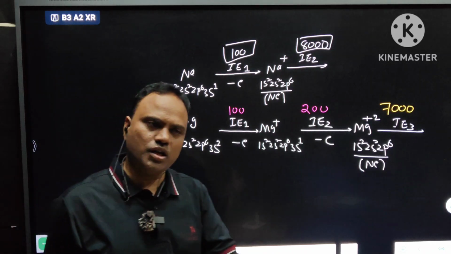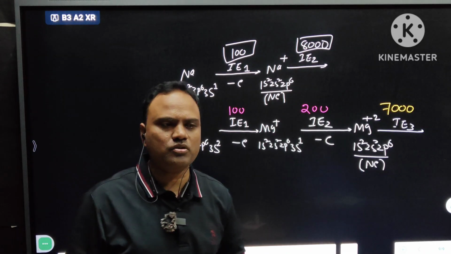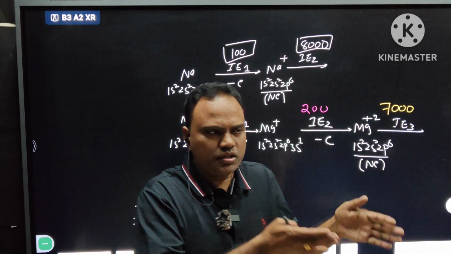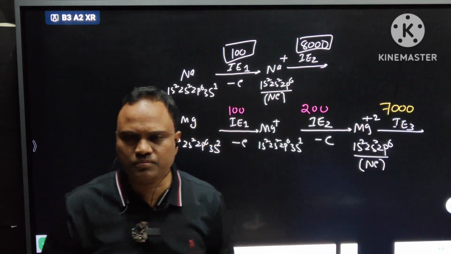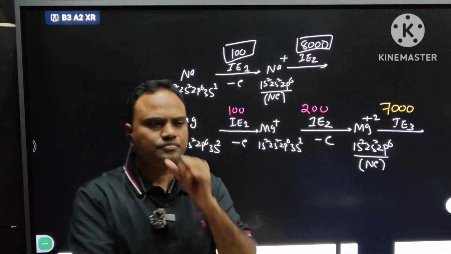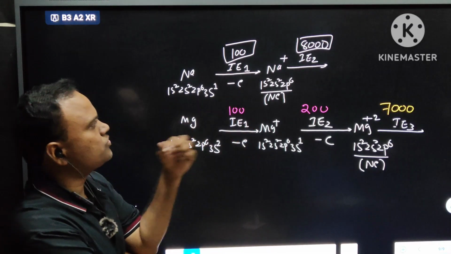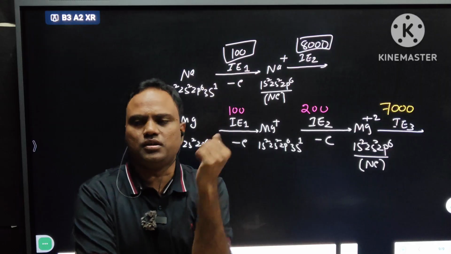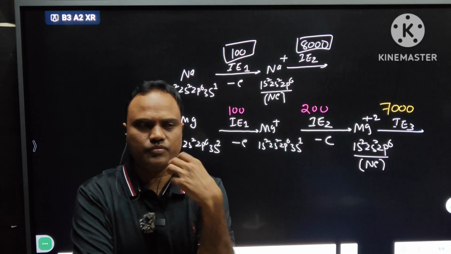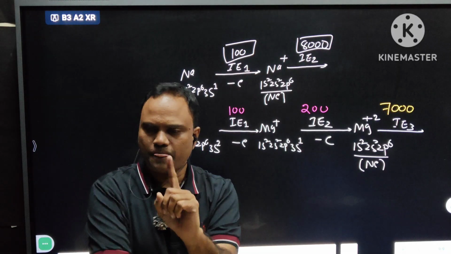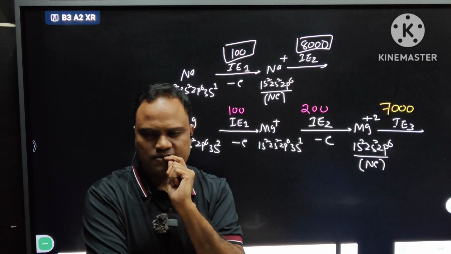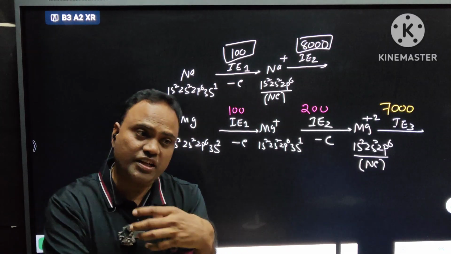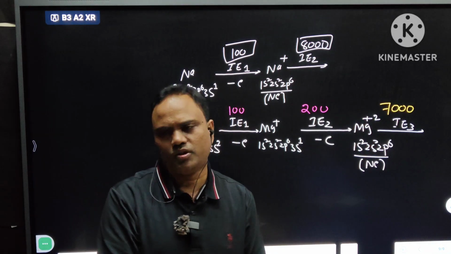After removing 2 electrons, it is getting a stable configuration. So instead of a regular increase, an abrupt increase takes place. Right? For sodium, in which ionization energy does the sudden jump take place? Second ionization energy. For magnesium, which ionization energy is very high? Third.